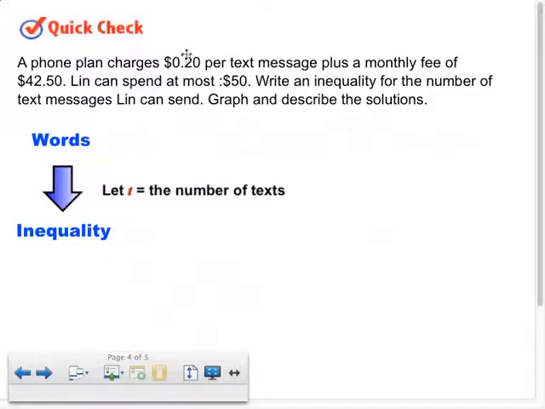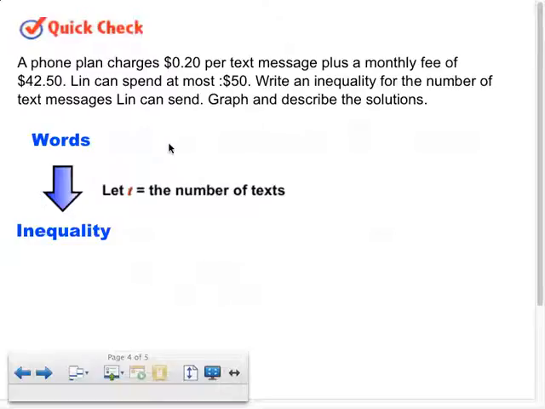So what's the operation between 20 cents and my text messages? Multiplication. So we're going to multiply 20 times T, right? And then what? We're going to add $42.50. Okay, that's the monthly fee. So to even have your cell phone, you have to pay $42.50. That's before you even start sending text messages. And then what's that got to be? What inequality am I going to use?